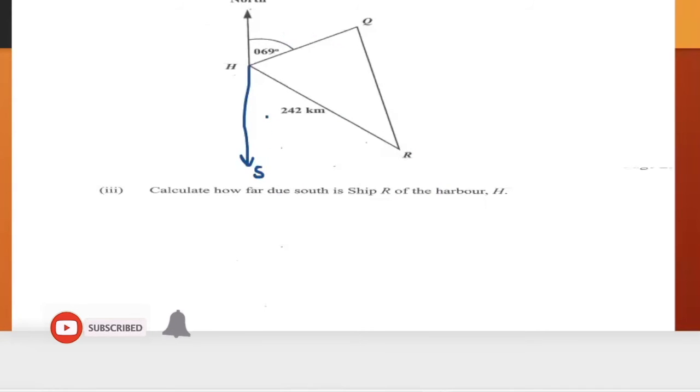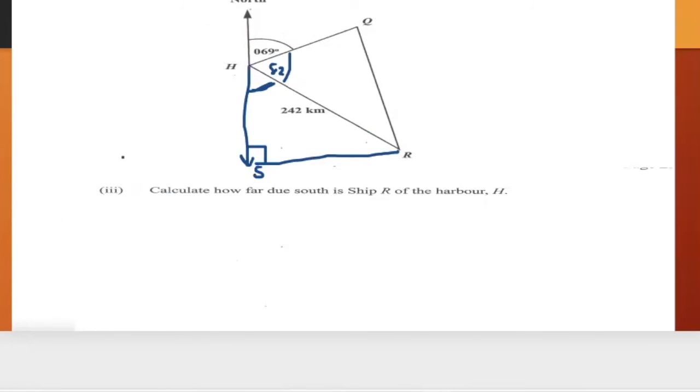Now I could create a triangle here, and it will become a right angle triangle where SR can be connected. I also know that this little piece, QHR, is 82 degrees. Angles on a straight line add to give me 180. So I can find how much this is.